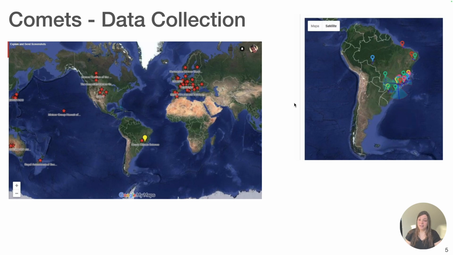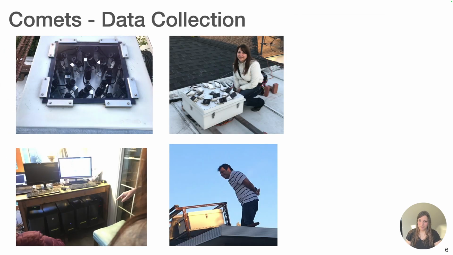The idea was to try to detect every meteor that would burn in the atmosphere. This is what the cameras look like on such rooftops, on the houses of amateur astronomers, basically collecting all this data.